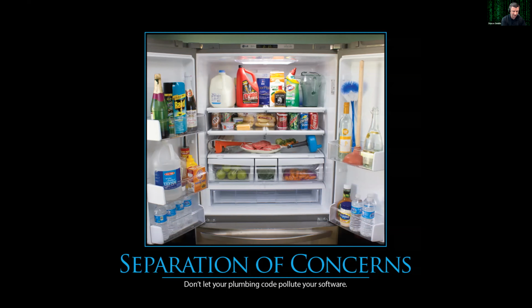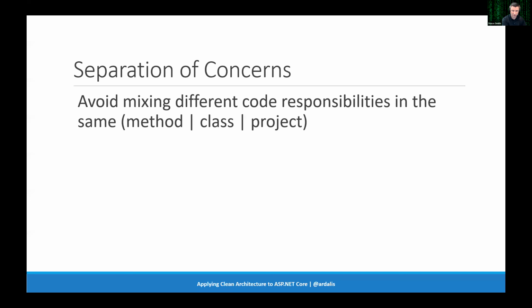It's not really sanitary. So in terms of software development, right, you want to avoid mixing different code responsibilities or concerns in the same location, whether that's in a method or a class or a project. And so when we talk about these different concerns, that could be anything. They could be different levels of abstraction. They could be different cross-cutting concerns, like for instance, logging or authentication could be examples.